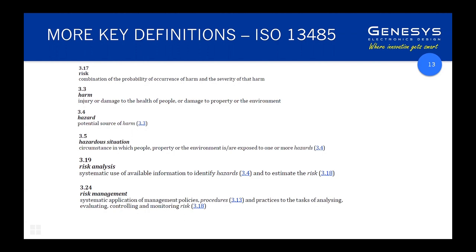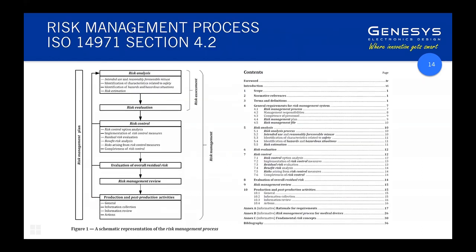So risk management is the process of analysis and then deciding what to do to minimize the level of risk to which we're exposing patients, operators, other people, and also property and the environment. So that's really, very much in a nutshell, how the definitions lead to the risk management process.